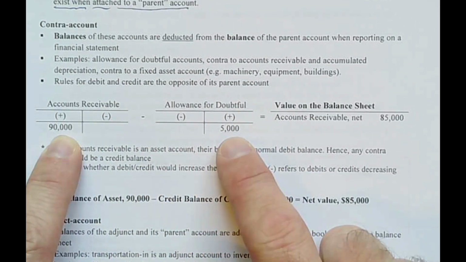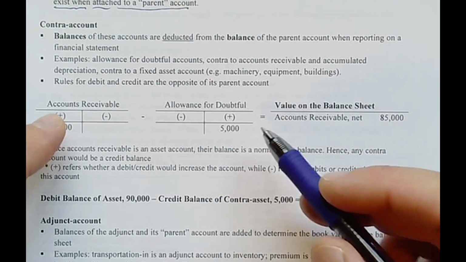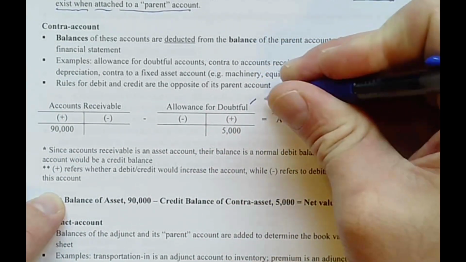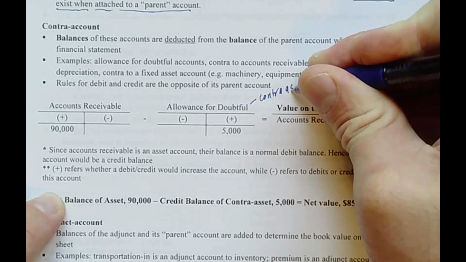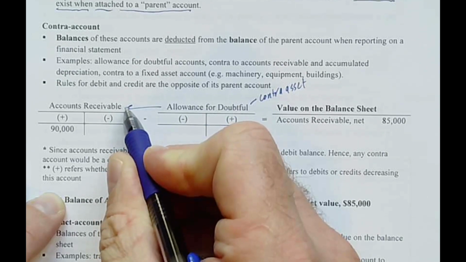So what are some examples of a contra account? The one I gave just below is a contra account. The allowance for doubtful accounts is a contra asset account, and it is contra to the accounts receivable account. So what does the allowance for doubtful accounts mean?